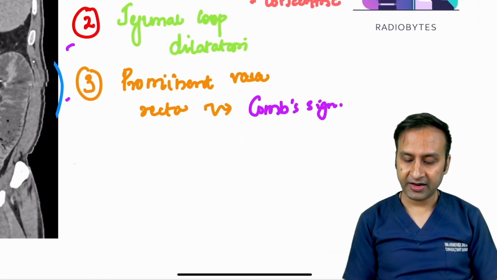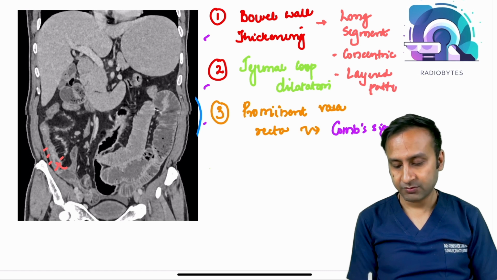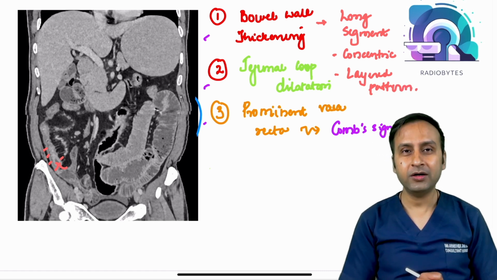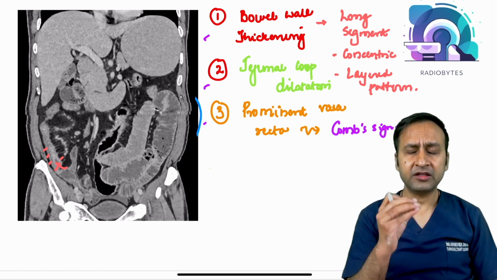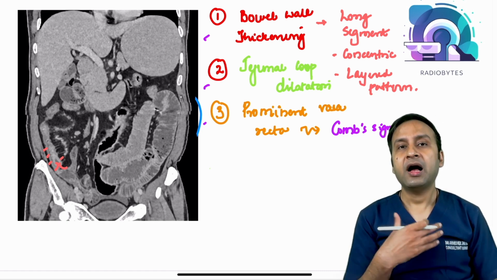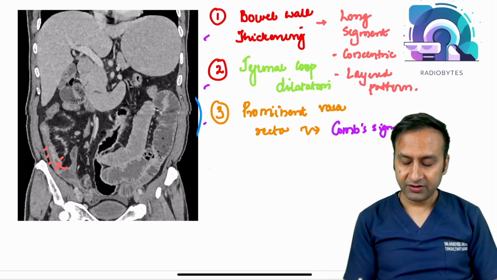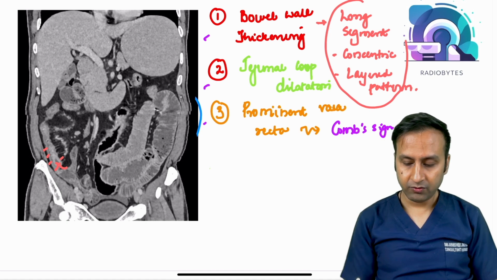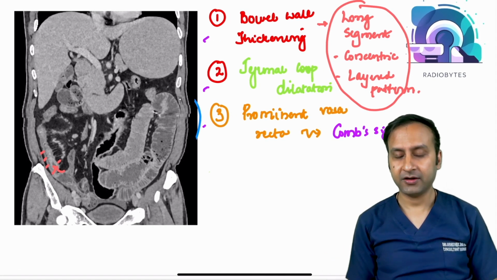This pattern of enhancement is called the layered pattern of enhancement or mural stratification, in which one particular layer of the bowel wall shows a higher degree of enhancement as compared to the rest of the bowel wall. So we are dealing with a case of a long segment bowel wall thickening. The bowel wall thickening is concentric and it is showing a layered pattern of enhancement.